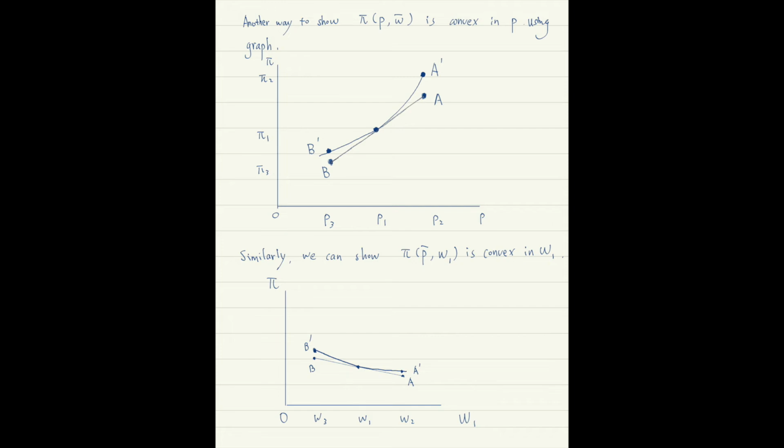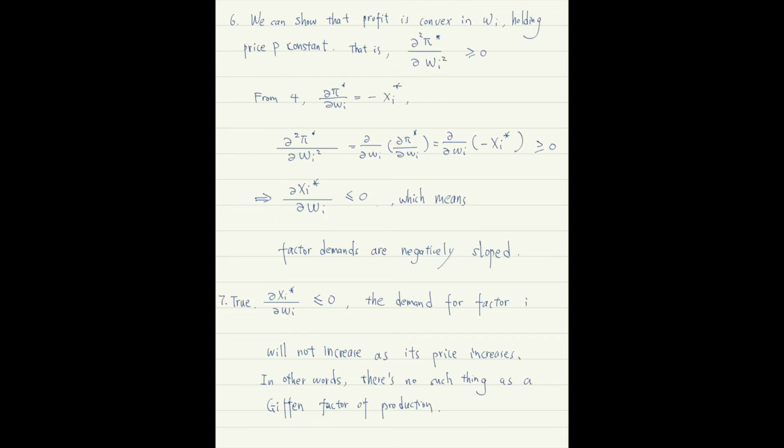By the same logic, we can also show that profit is convex in input price W, holding output price P constant. We use this result in question 6. The second derivative of profit with respect to input price W is positive. And we also use the second part of the Hotelling's lemma.